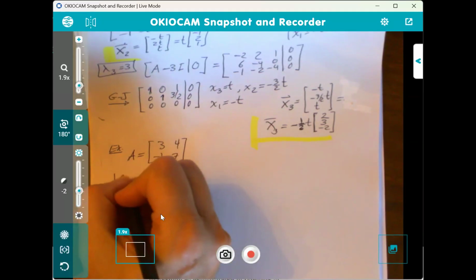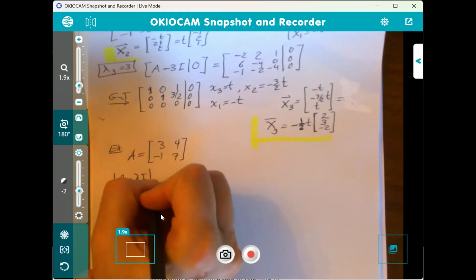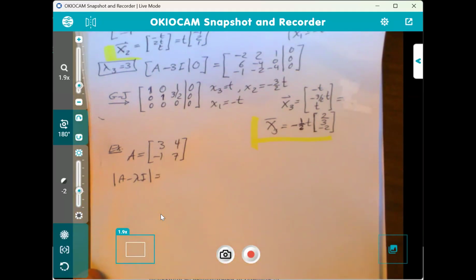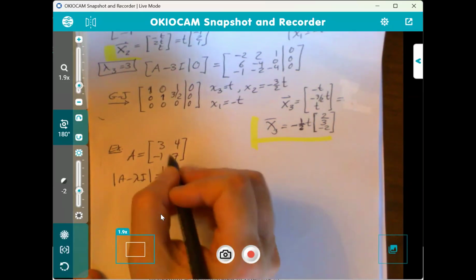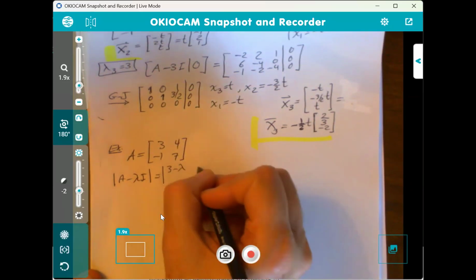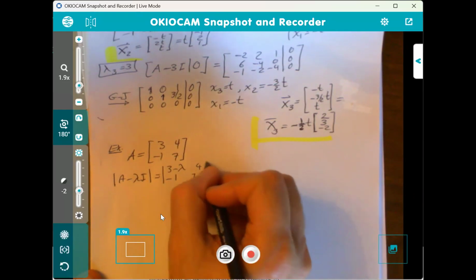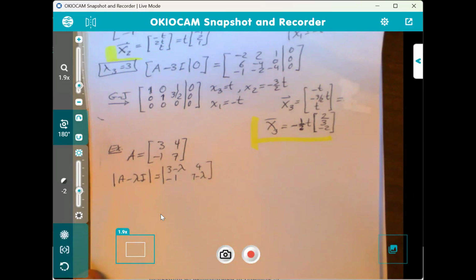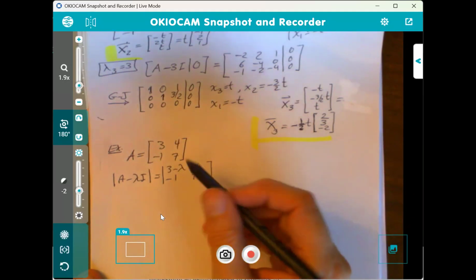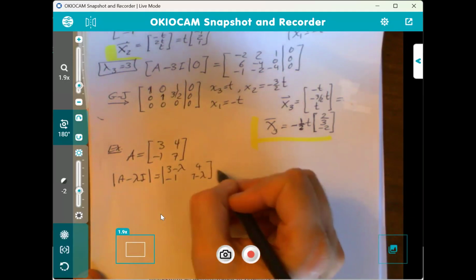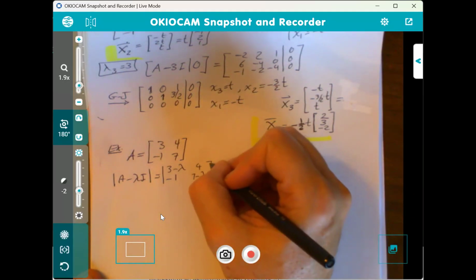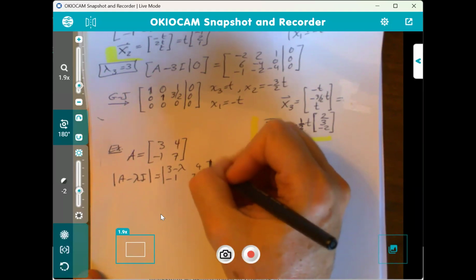Okay. And we want to do A minus lambda I. This will give us the characteristic polynomial. So it's going to be 3 minus lambda, 4, negative 1, and 7 minus lambda, right? And then we were looking at the determinant of this, right?